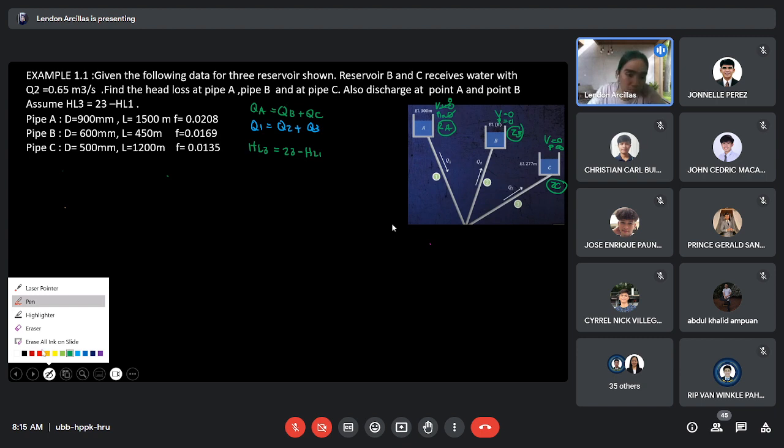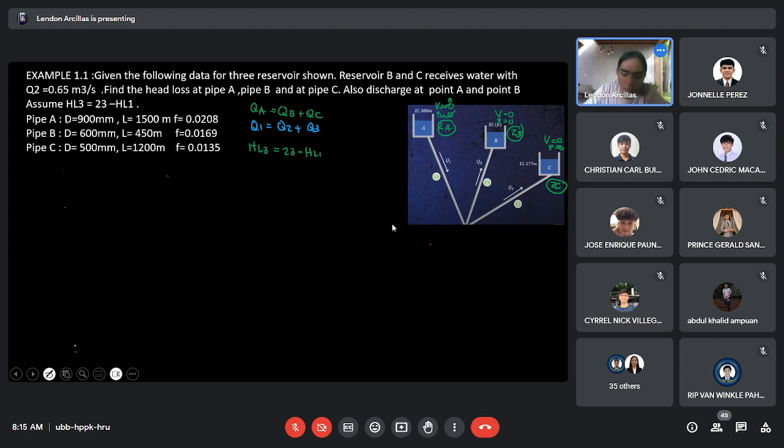So ano yung formula? So uunahin natin yung head loss at point 2. Since meron na siyang given na Q2 equal to 0.65. So HL2 is 0.0826 FLQ squared over D raised to 5. So 0.0826 F at point 2.